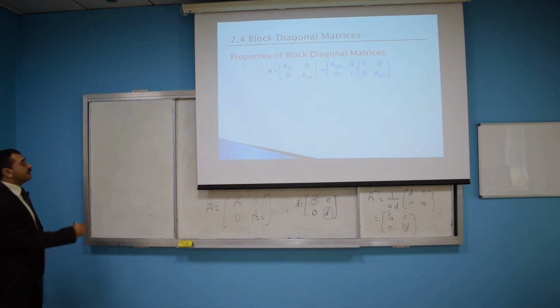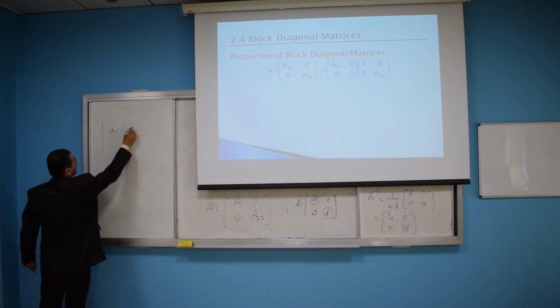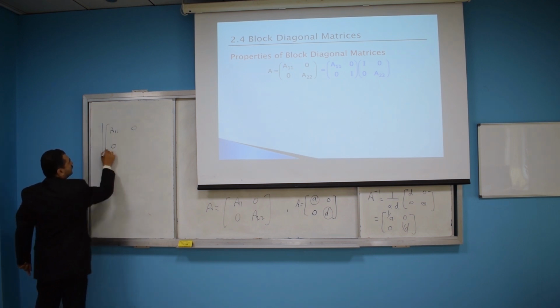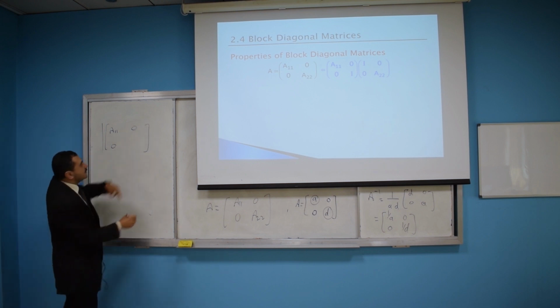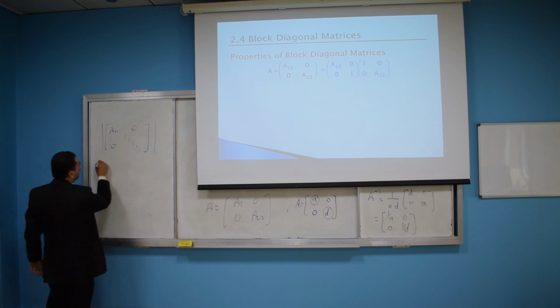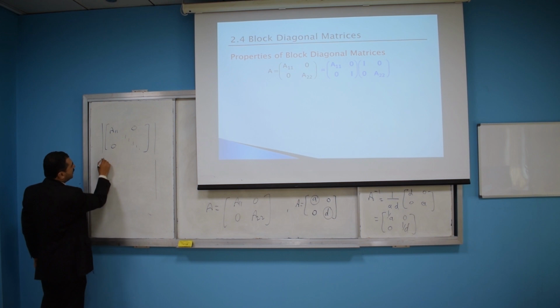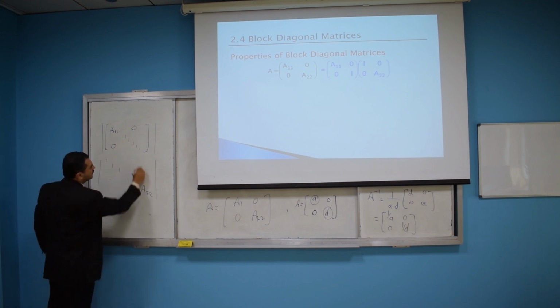If I want, for example, to find the determinant of A11 0 0 and then identity, and I want to find the determinant of I and then A22 and here zeros.